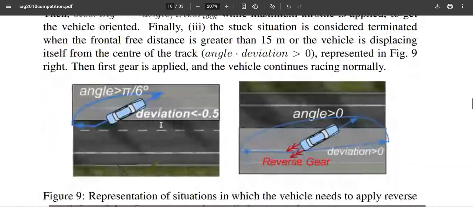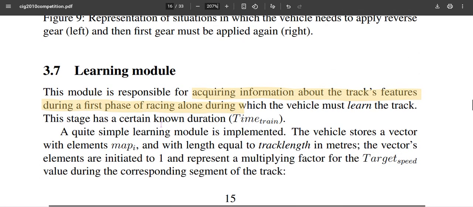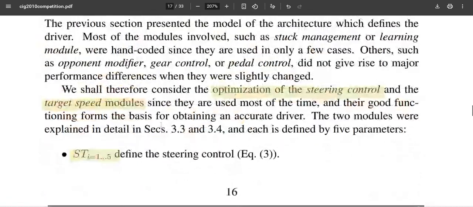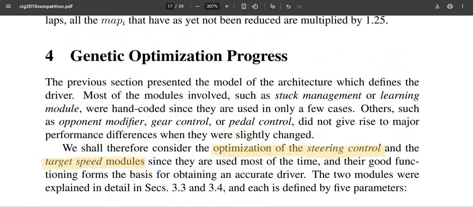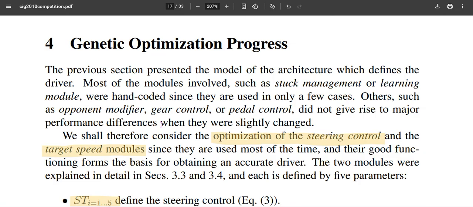So this is the track management, and this is not the main process. The main process is how the genetic algorithm is utilized with the fuzzy logic to tune those parameters. That is given in this fourth section. Among the gear control, steering control, speed control, and target speed control, we have discussed almost 5 modules.